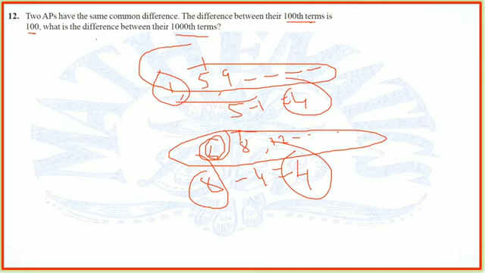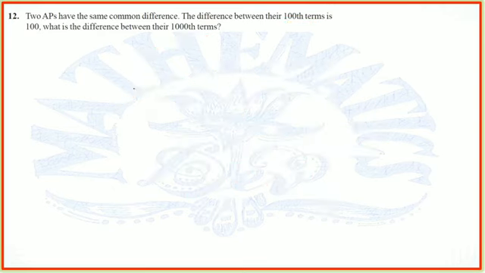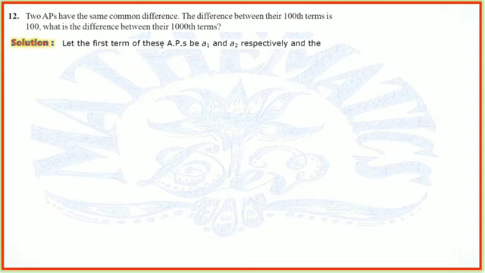Now we are asked to find the 1000th term of the first AP and the 1000th term of the second AP, and then find the difference between them. That should be our final answer. So let us proceed with this. Let the first terms of these APs be A1 and A2. A1 is the first term.